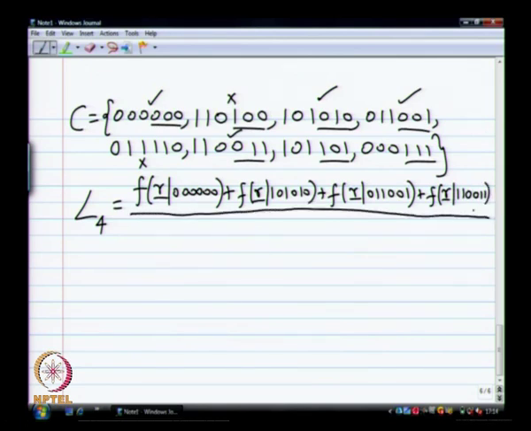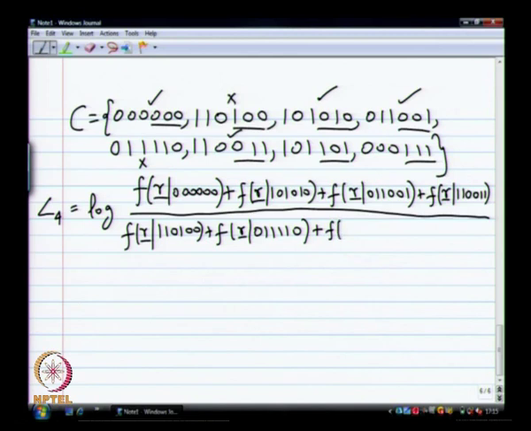Then in the denominator you will have f of r given 1 1 0 1 0 0, plus f of r given 0 1 1 1 1 0, plus f of r given 1 0 1 1 0 1, plus f of r given 0 0 0 1 1 1. Okay, log, I forgot. As usual, thanks for reminding me. So L4 is the log of this ratio.